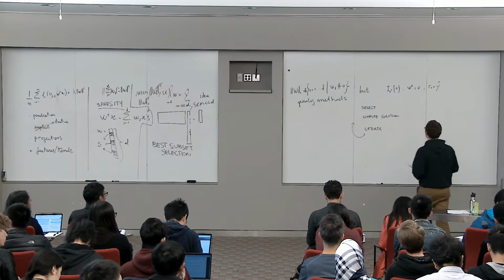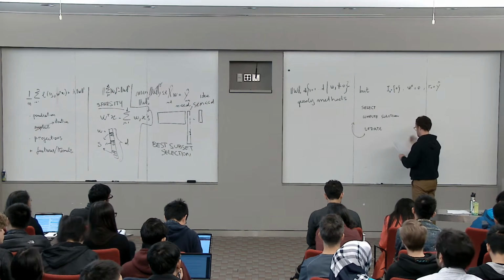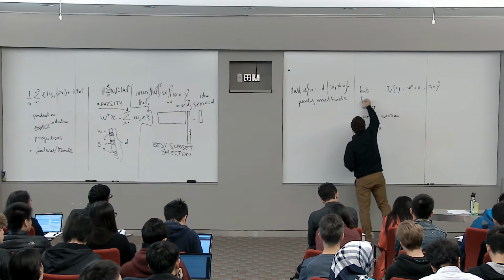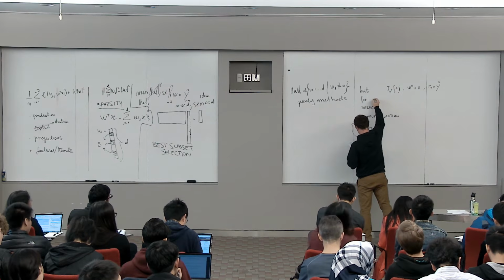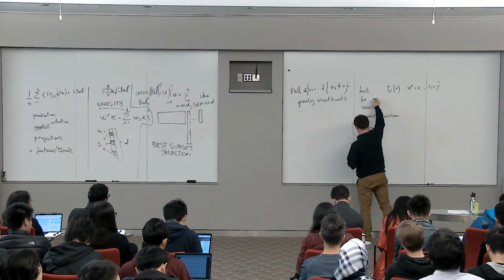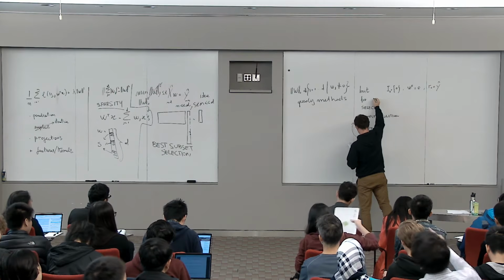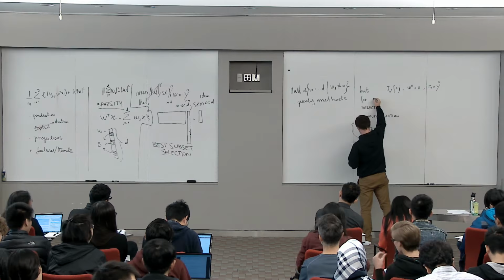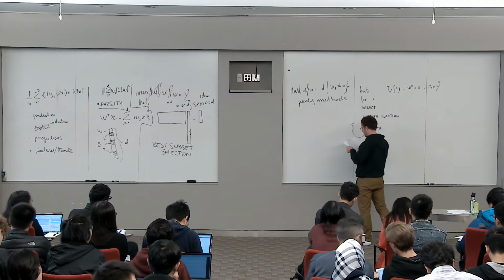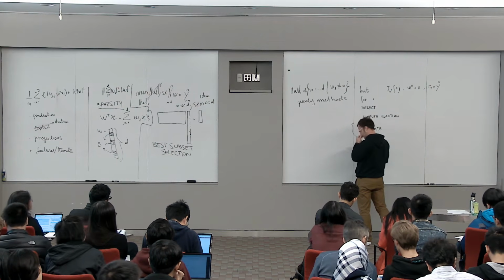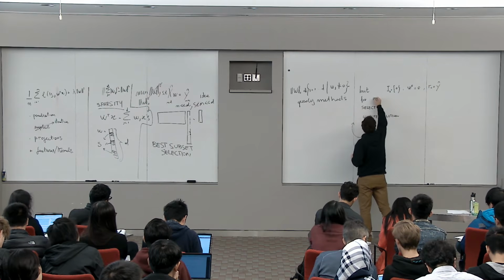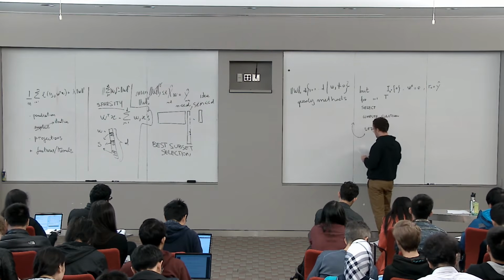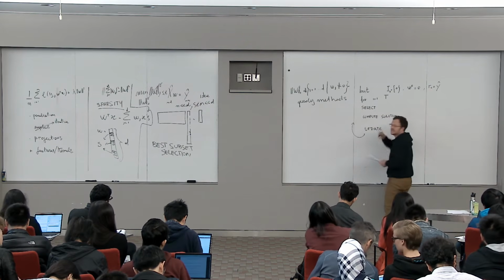Okay, so let me see if I didn't screw up my indices. So first of all, you do the select step. Let me run the select step. I write it the classical way.